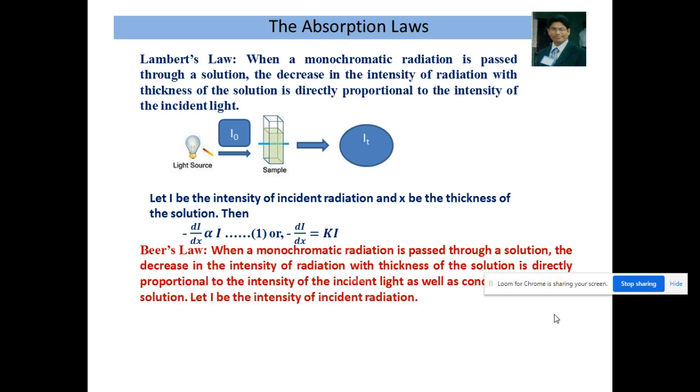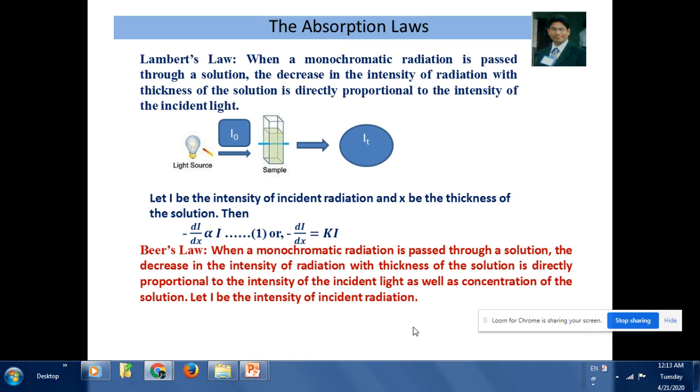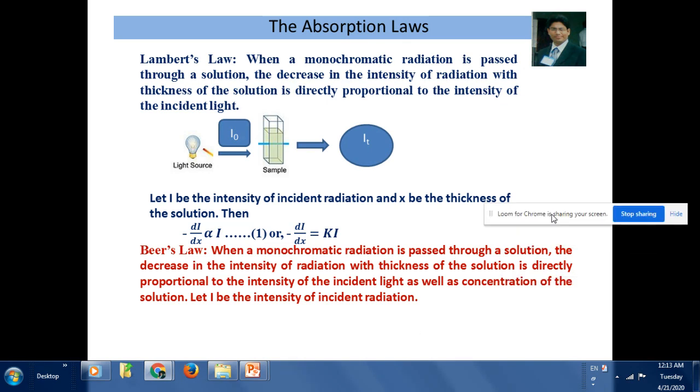Now we are coming to Beer's law. When a monochromatic radiation is passed through a solution, the decrease in intensity of the radiation with the thickness of the solution is directly proportional to the intensity of the incident light as well as the concentration of the solution.